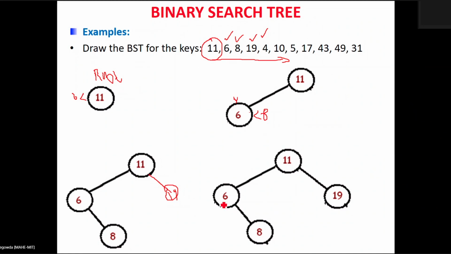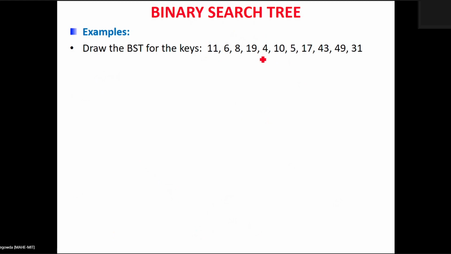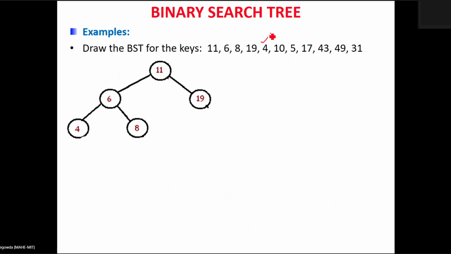Okay, there is no left subtree for the node 6. So you have to create a node and add it as the left child of 6, then insert the number 4 into this. This is going to be the resultant tree after inserting 4. Okay, so 4 is inserted over there.